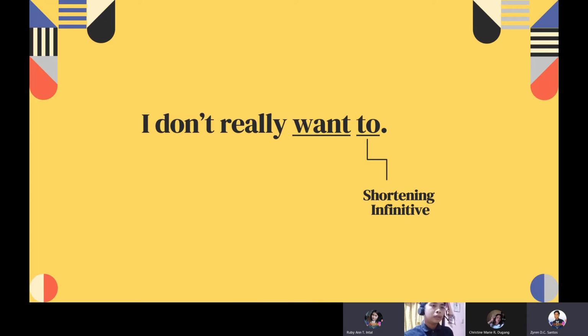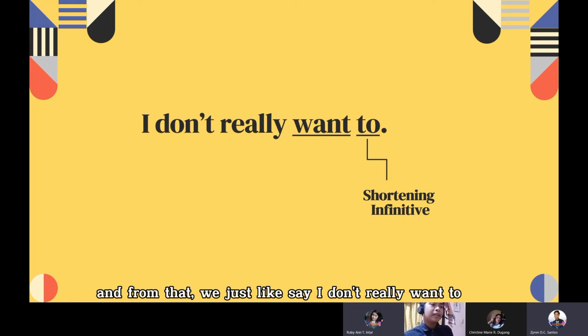Okay, very good. In shortening infinitive, instead of repeating the whole infinitive clause, we're just saying to. So we just say I don't really want to, instead of saying I don't really want to see the new DJ tonight.